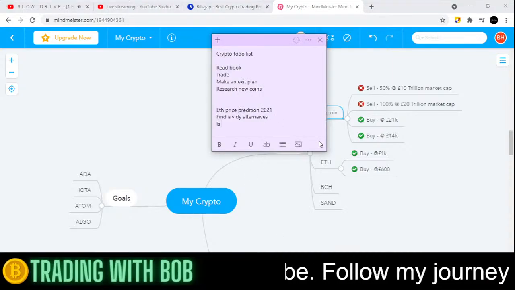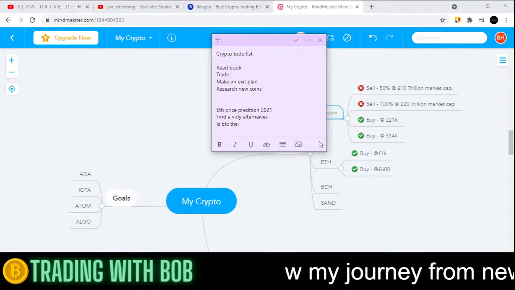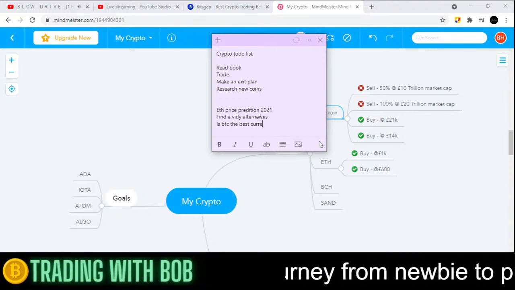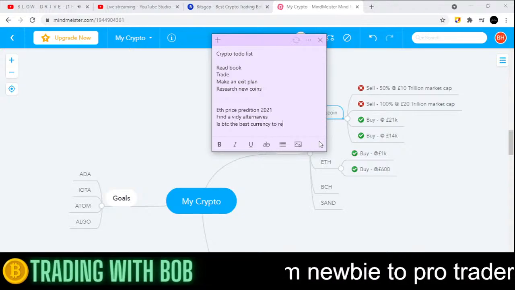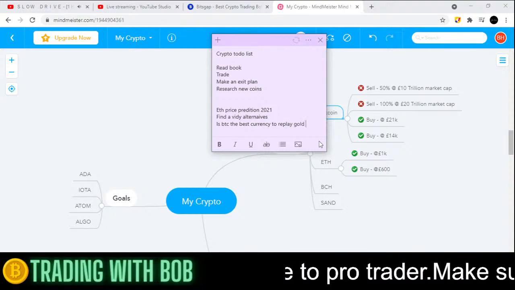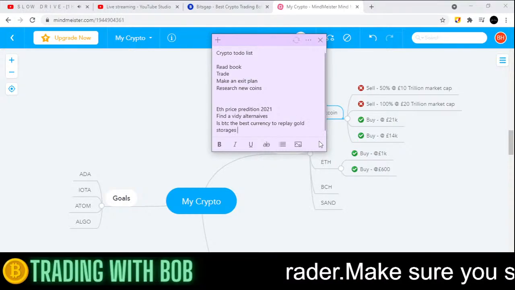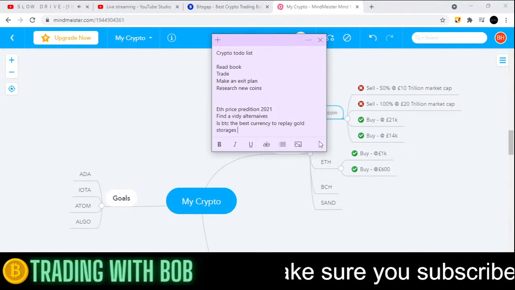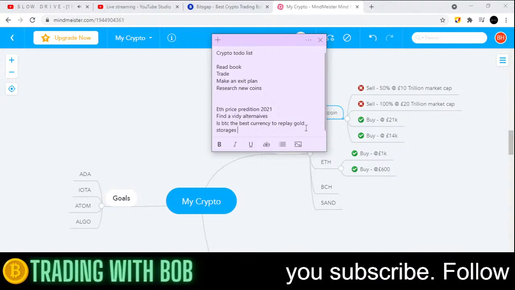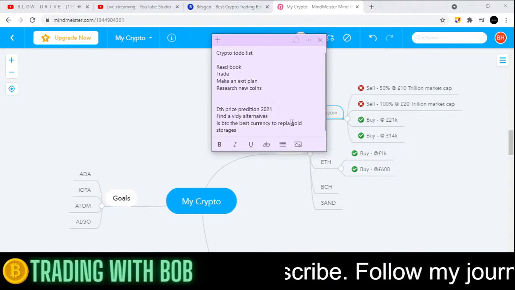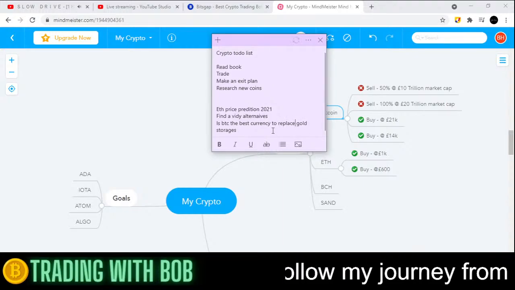the best currency to replace gold storages.